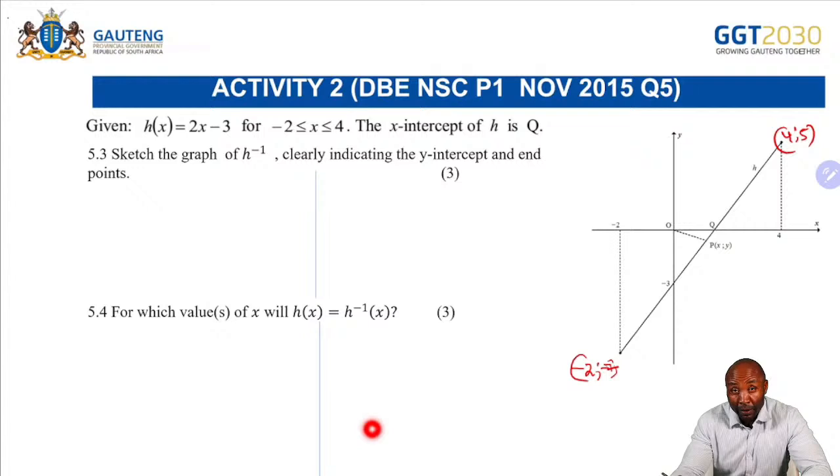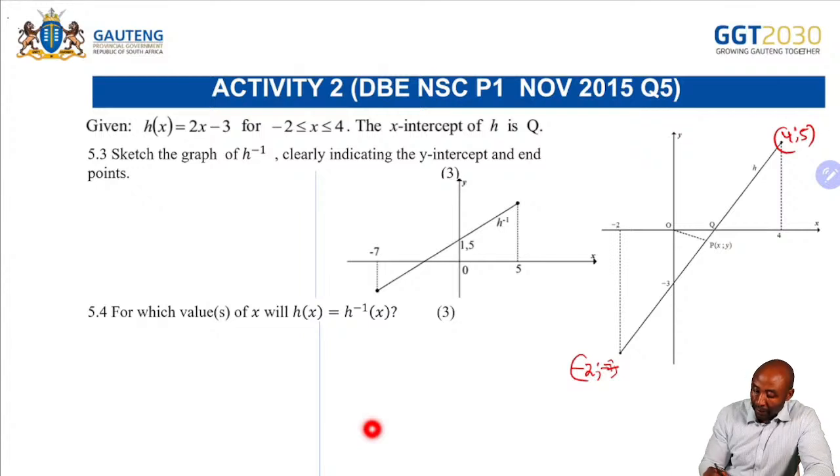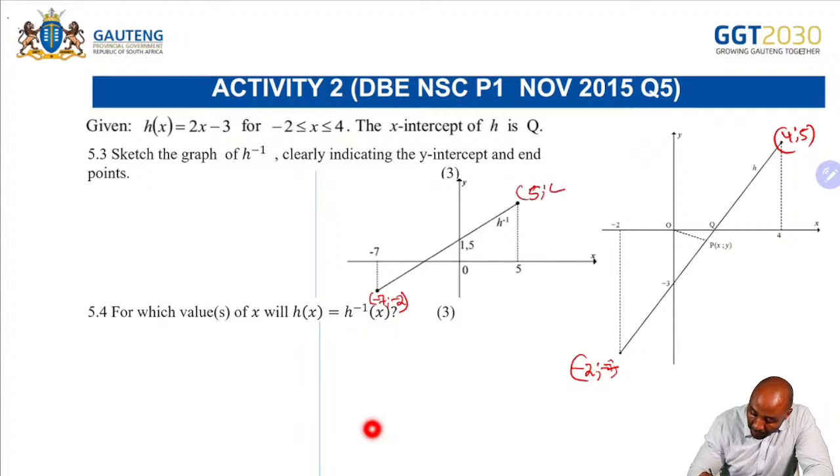These will swap positions, meaning on our inverse function, the coordinates of this point are now -7 and -2, and the coordinates of this point are now 5 and 4. And remember, the coordinates of Q are now the y-intercept, which is 0 and 3/2.